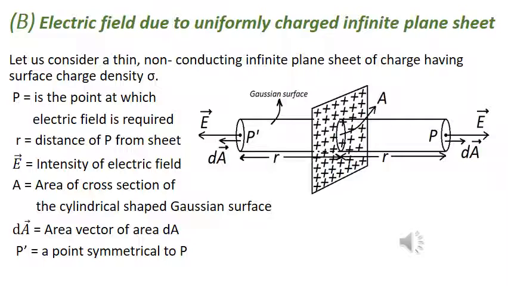So we have taken 2 points near the thin sheet at the same distance, which are P and P dash. dA is the area vector of a small area element containing the points P and P dash on both sides of the sheet.